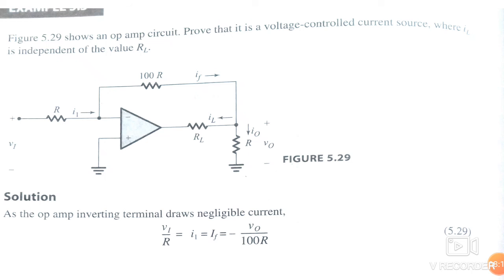Now we can apply node analysis here, and from the virtual ground concept we know that this potential is equal to this potential. So the potential of this point, that is the inverting terminal, is equal to 0 volt, because this potential is 0 volt.